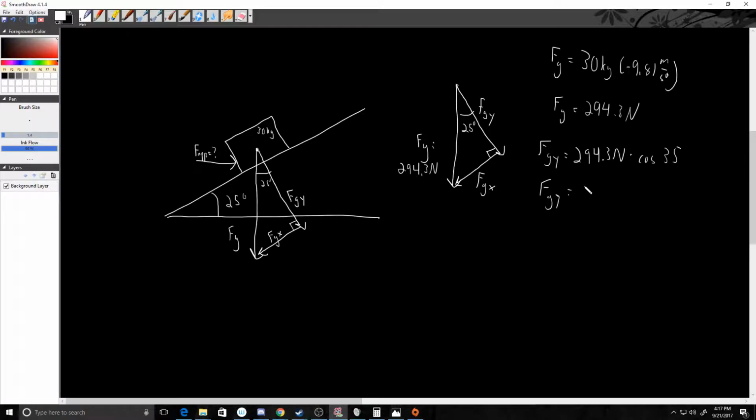For that answer, I got 241. I'm going to leave it at 241 newtons. The reason why I found this is chances are they're going to ask me to find the normal force as well. And then let's see, F_g of x.